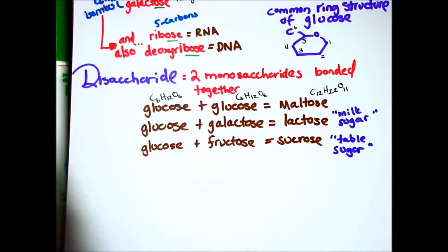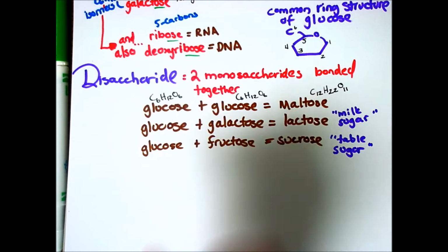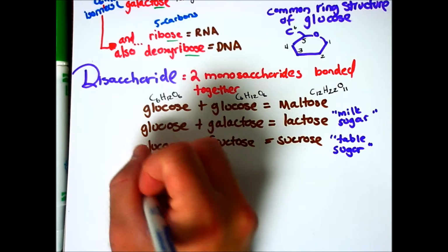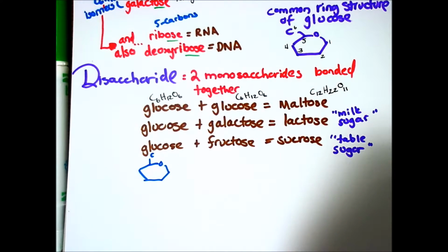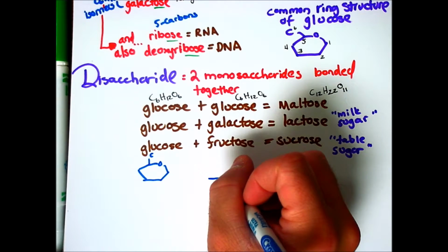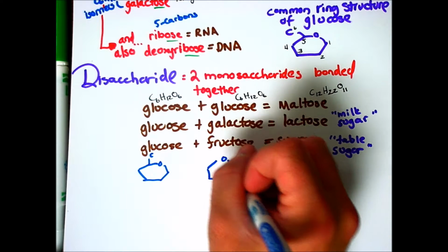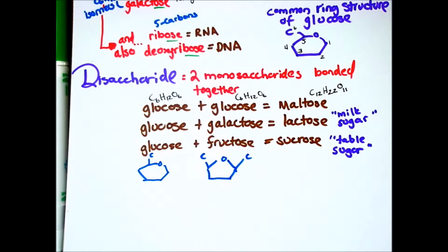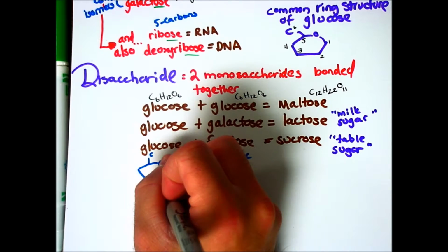So if I was to draw this in example format, here would be my picture of glucose. There's my glucose. Fructose is commonly shaped kind of more like a pentagon. So there's my fructose. They both have 6 carbons. And it's common for these molecules to have hydroxyl groups on them.